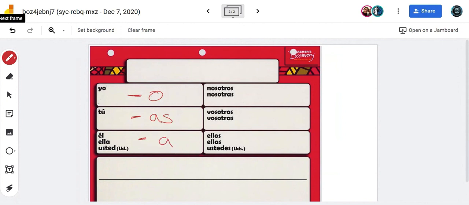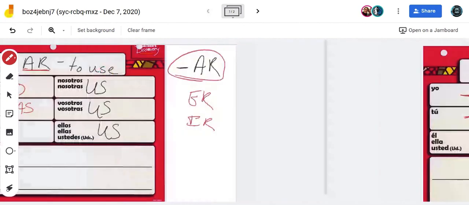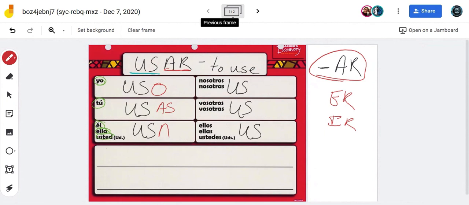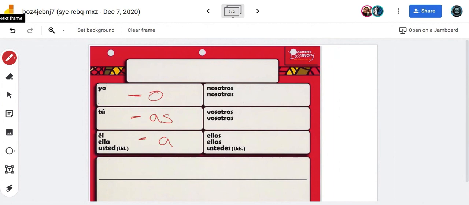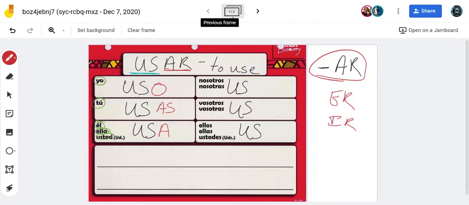And then we add an A. So the word for he uses is usa. Okay? For nosotros, the dash represents the stem, and then we add A M O S, amos. So for the nosotros form, it would be usamos.